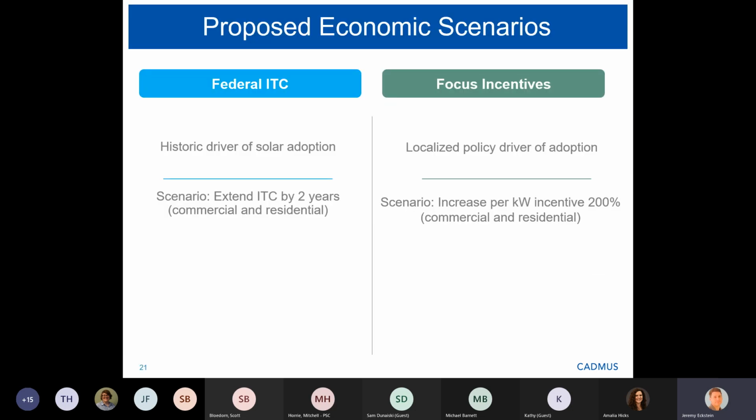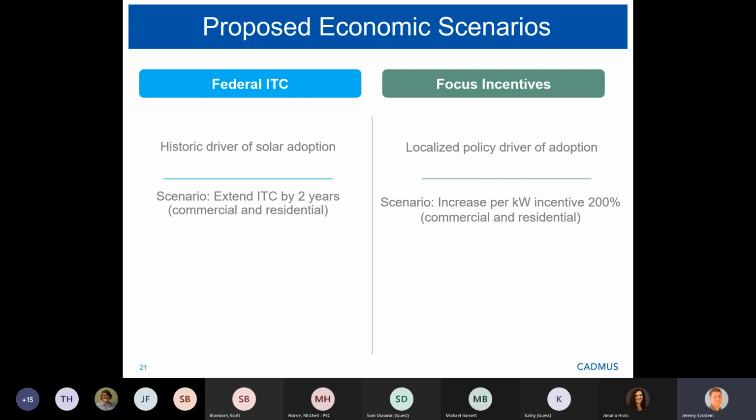Okay. Our scope includes 4 potential economic scenarios, and so we thought about what makes sense to propose and are looking for feedback. One of them is the federal investment tax credit, and an extension of that, since I think we all know it's a pretty big driver of adoption.